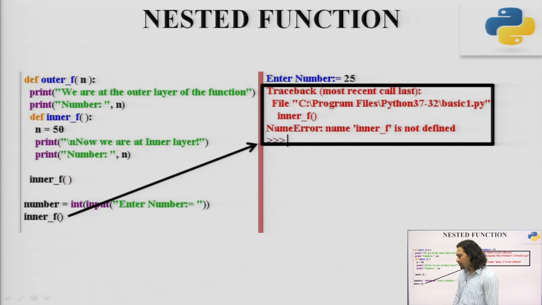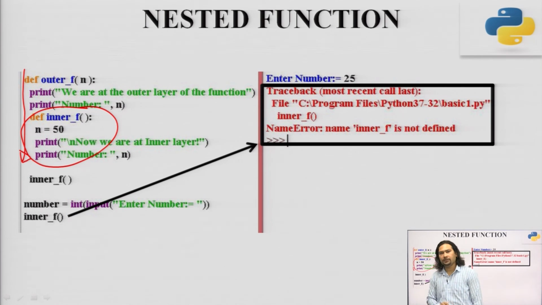The next important thing is that was the nested function, but let us say somehow we are interested to call the inner function, but in the definition you can see that this outer function has declared the inner function inside. That means even the definition of the function is inside, but you cannot call that function directly.